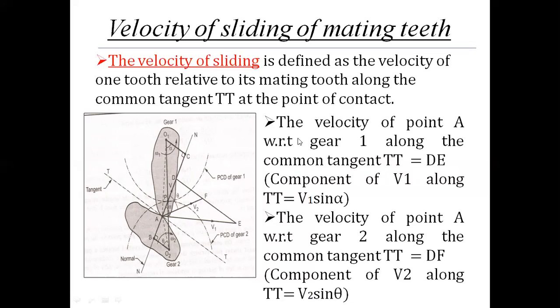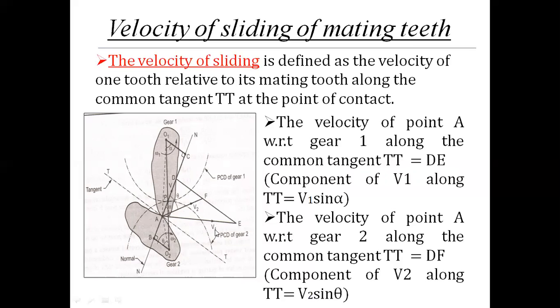Now consider the velocity of point A, which lies on both gears as the common point of contact. We have to find the velocity of point A along the common tangent line TT.